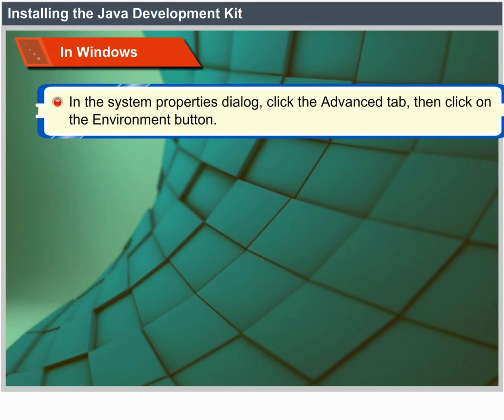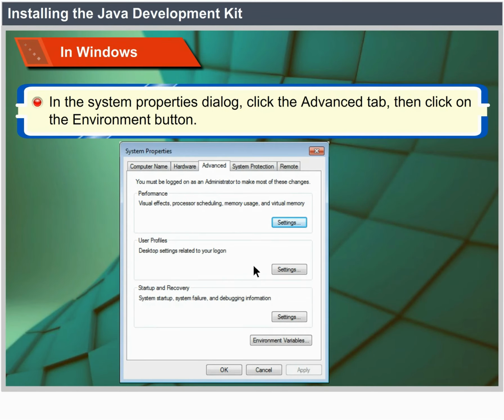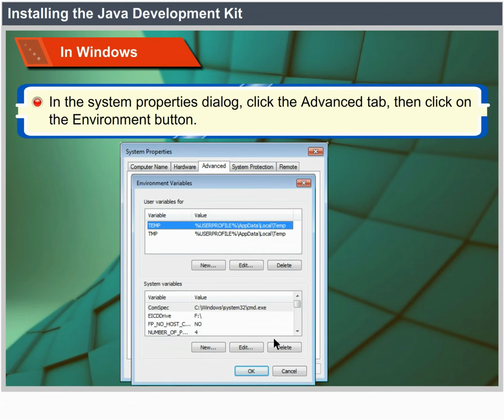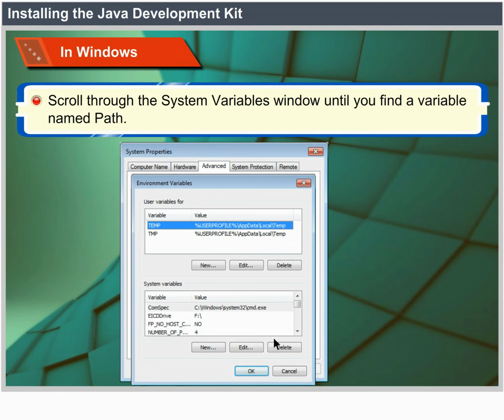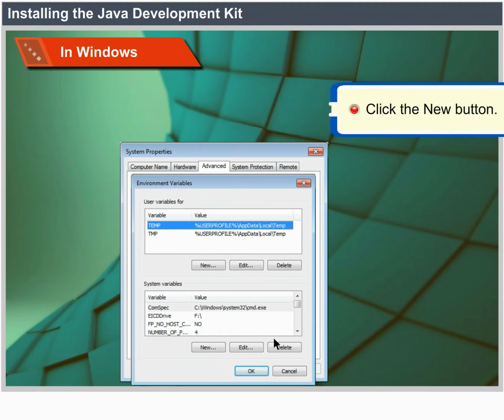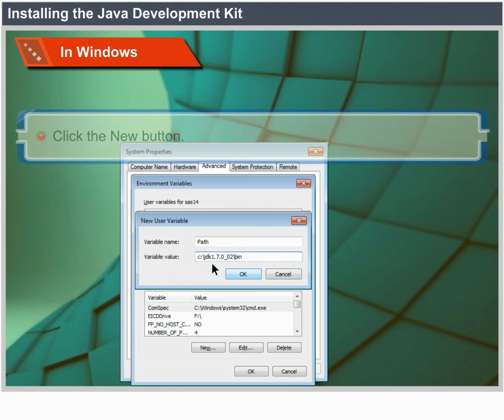In Windows, in the System Properties dialog box, click the Advanced tab and click on the Environment Variables button. Scroll through the System Variables window until you find a variable named path. Click the New button.